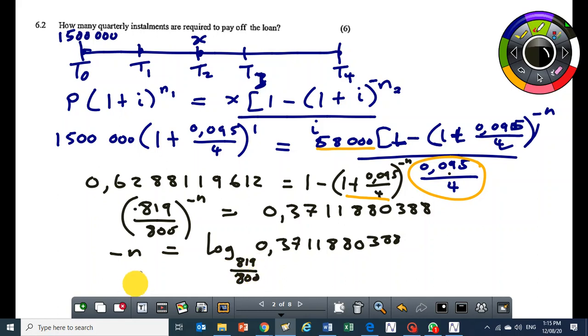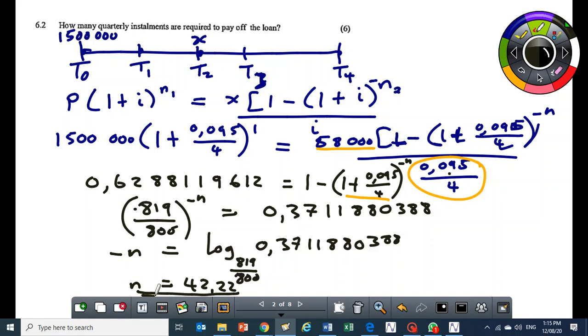So, what will be your n then? It's 42.22. So that will be 42.22.